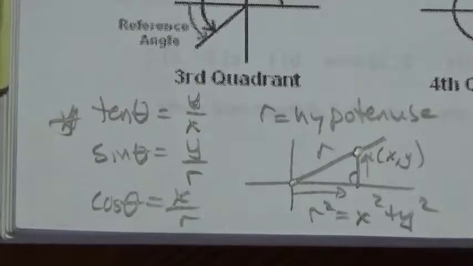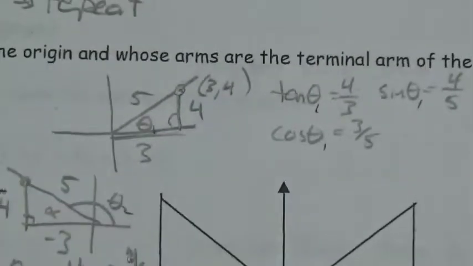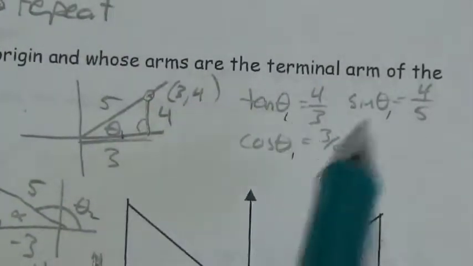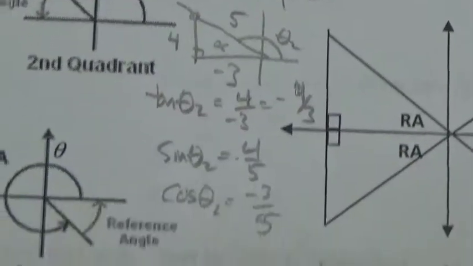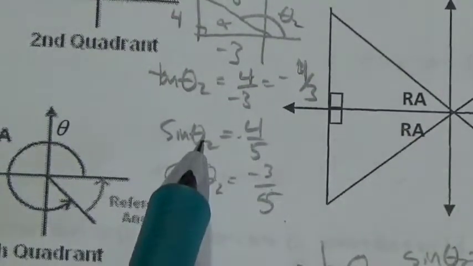Another thing that popped out, now we're really not going to talk about this in a lot of detail right now. This will come up a little bit later. But anyway, there are things that are significant. Notice that in the first quadrant, all three of the trig functions had positive values. But in quadrant 2, only the sine did.